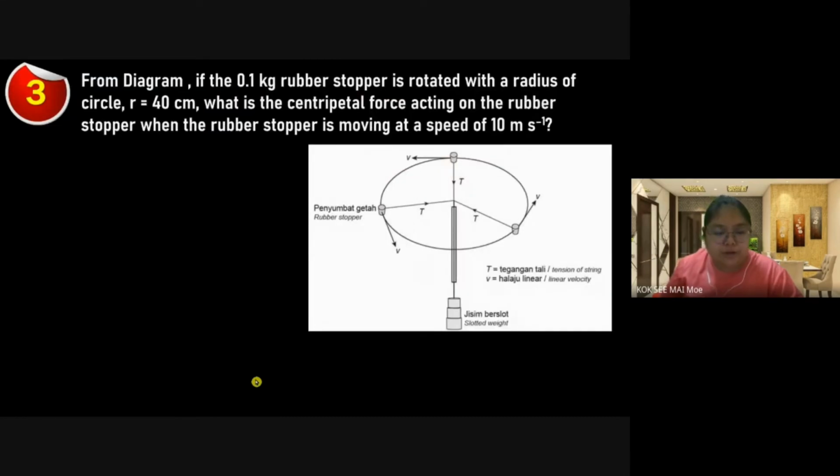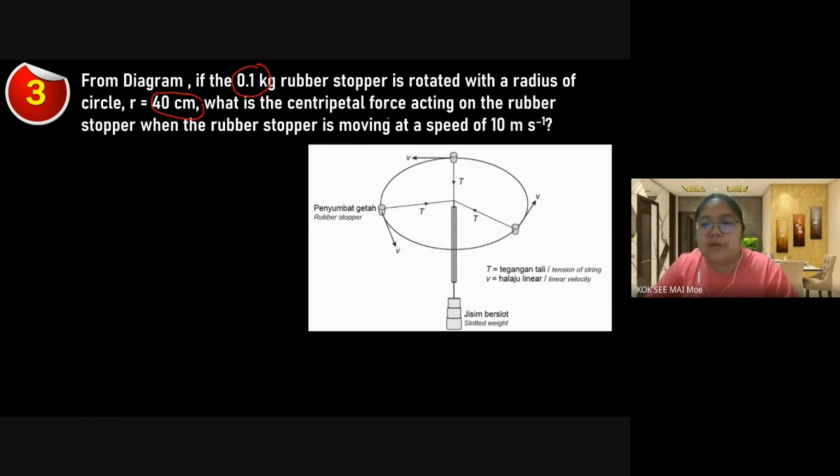So we can try example 3. This is from your example 11, follow your notes. This is a demo example for the centripetal force. We see what info they provided. A rubber stopper, with a mass, rotated with a radius in cm.